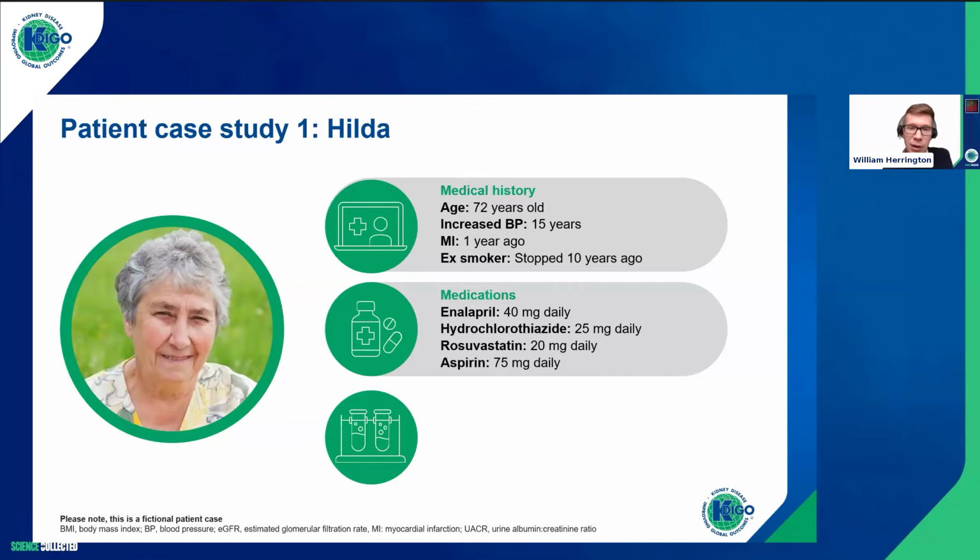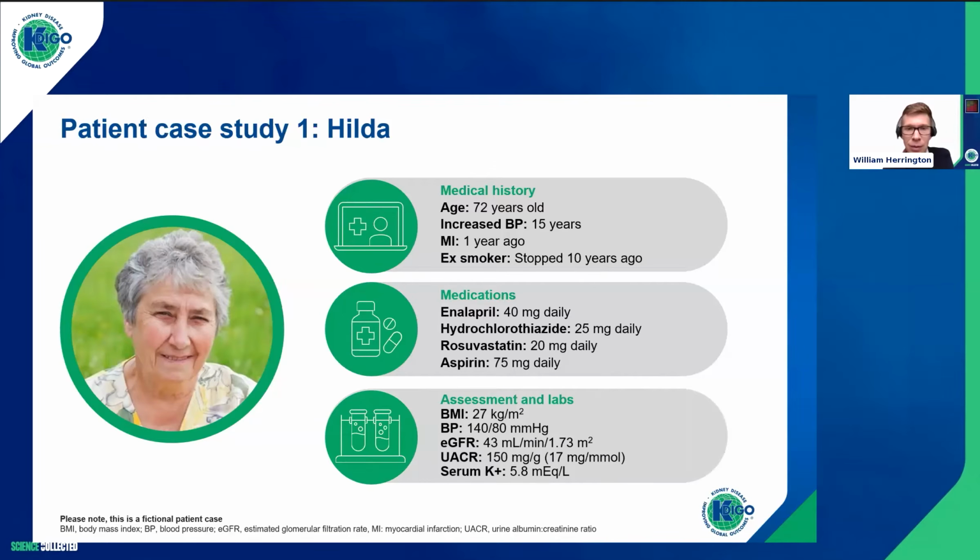She's had a myocardial infarction, so she's appropriately treated with a statin and low-dose aspirin. She's overweight but not obese, and her blood pressure could be better controlled. It's 140/80. Her eGFR is 43, and she has a urine albumin-creatinine ratio of 150 milligrams per gram. And slightly surprisingly, she has a potassium of 5.8. I'll tell you why this is surprising later.